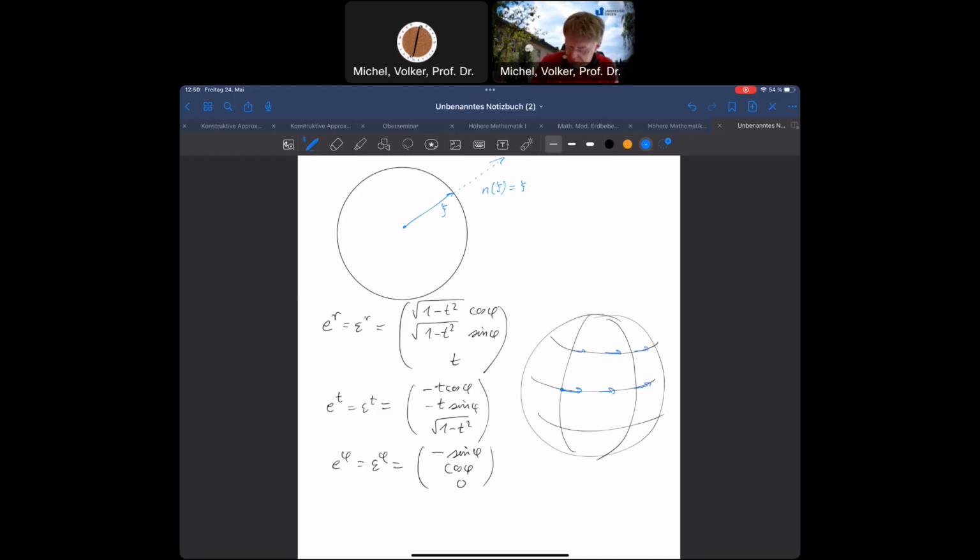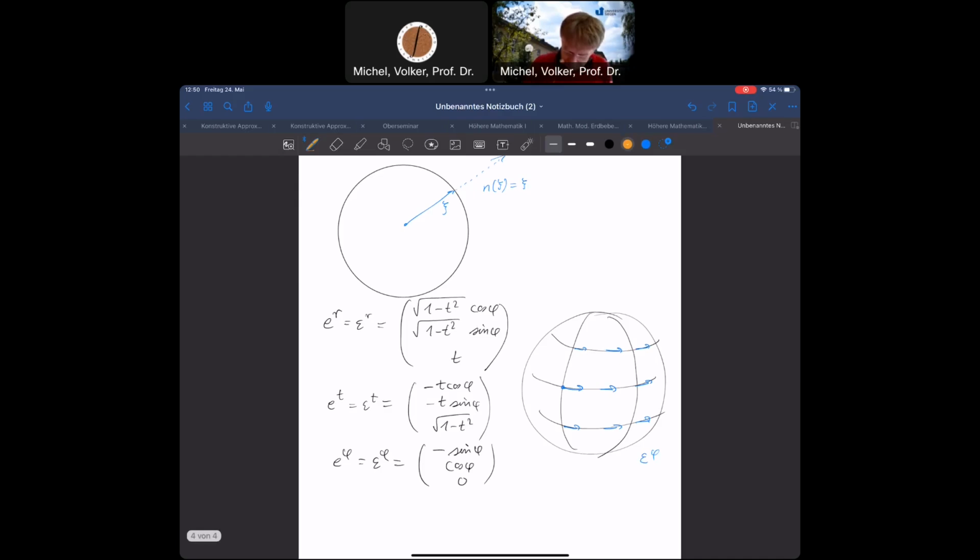So you get easily the eastern direction. So again, at the point on the unit sphere given by the polar coordinates t and phi, you can calculate the eastward direction by that vector and you easily get the west direction. So that would be epsilon phi. I use the epsilon here. And for the epsilon t, it's the north direction, what you get in the end.